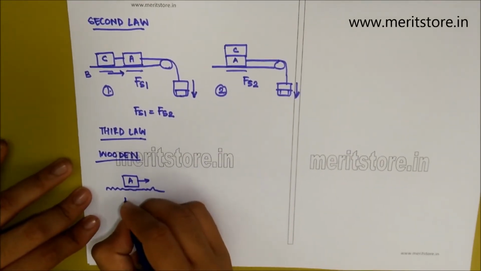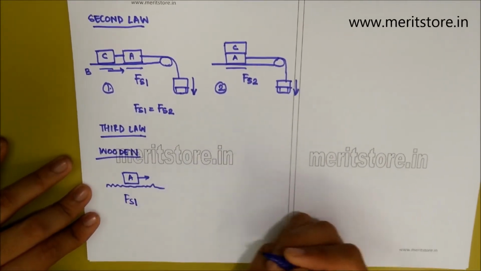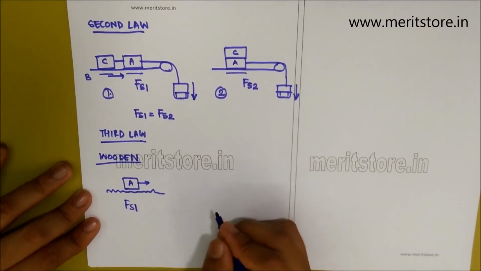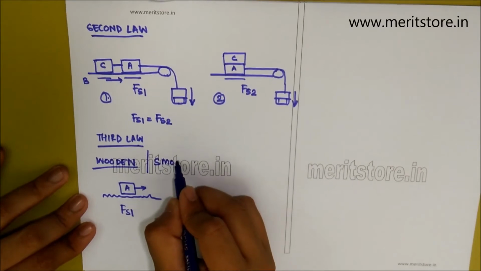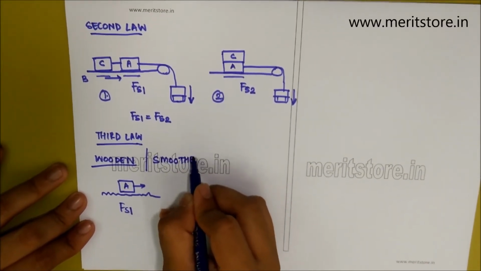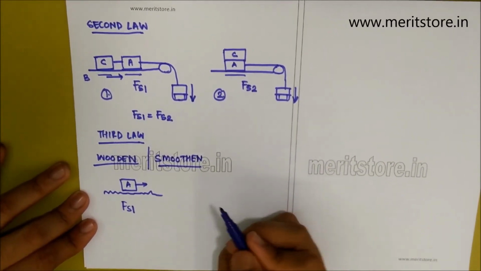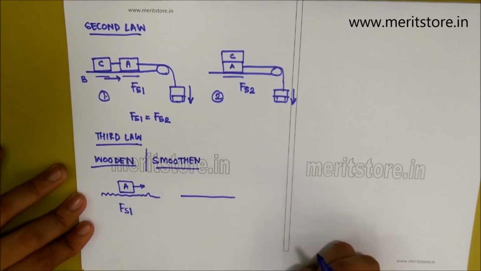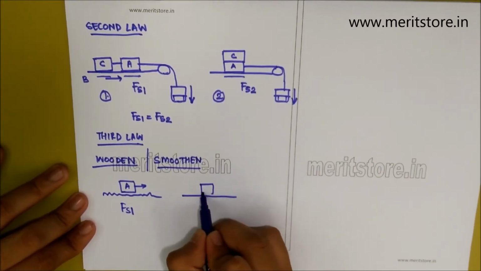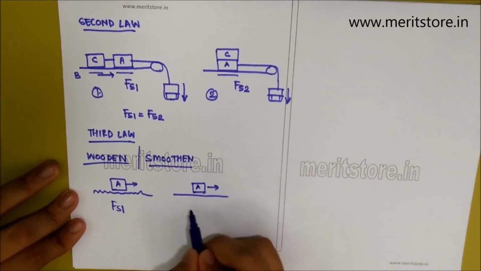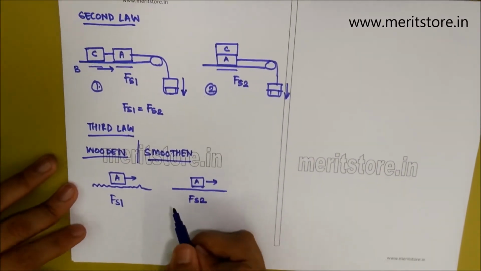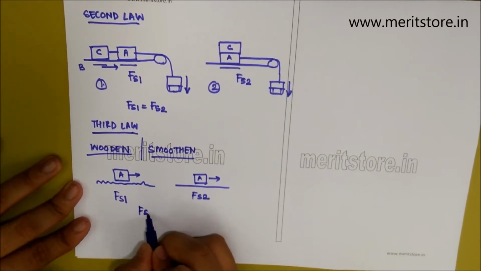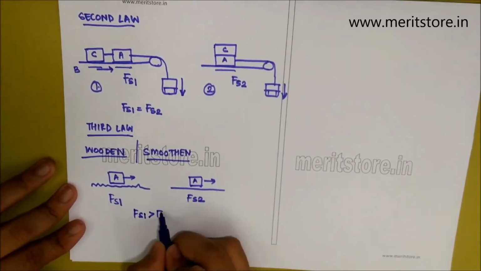And then I calculate my limiting force of static friction, Fs1. And then I am going to smoothen this surface by polishing it, and I obtain a flat surface. And then I tend to find my limiting force of static friction, Fs2. In this case, I observe that Fs1 will be greater than Fs2.